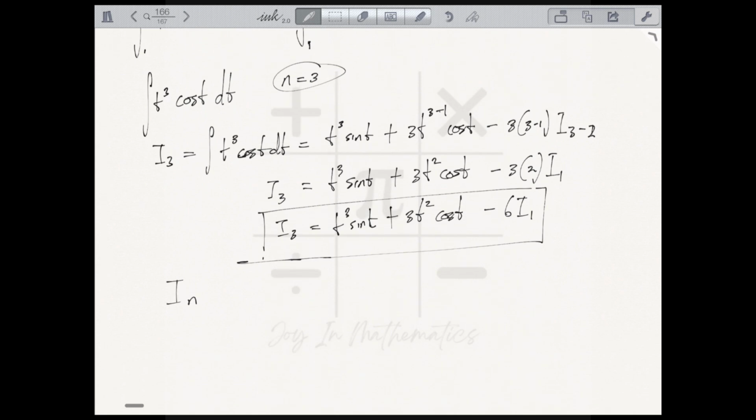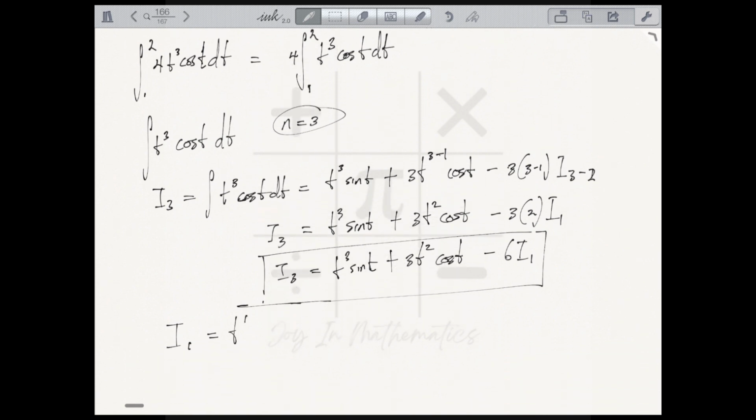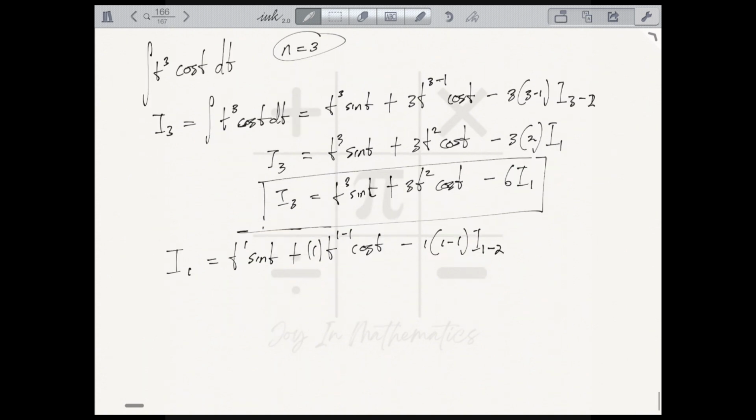I_1 will be, when n is equal to 1, making our substitution, t^1 sin t plus 1 into t^(1-1) cos t minus 1 into (1-1) I_(1-2). Therefore I_1 will be t sin t plus t^0 cos t minus 1 into 0 I subscript minus 1.